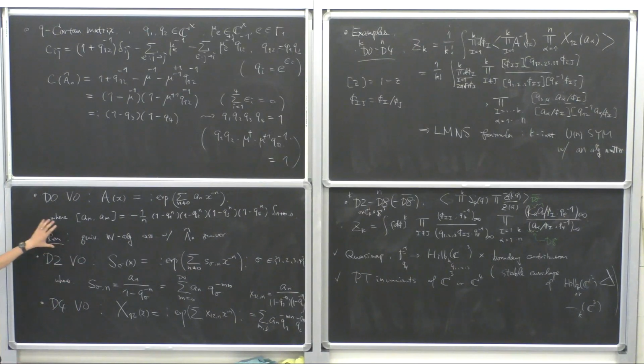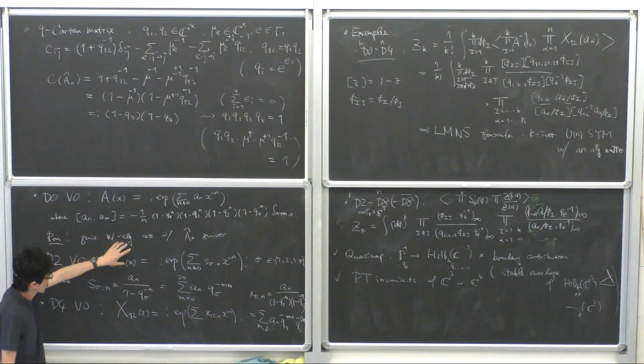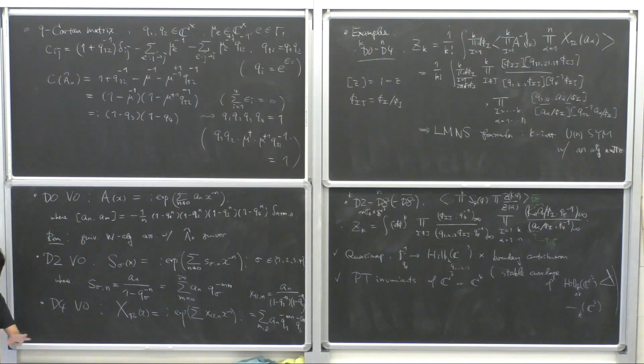When this was discussed, there was not yet a geometric interpretation like a D8 brane creation operator. But now we have an interpretation as a creation operator of the D8 brane.